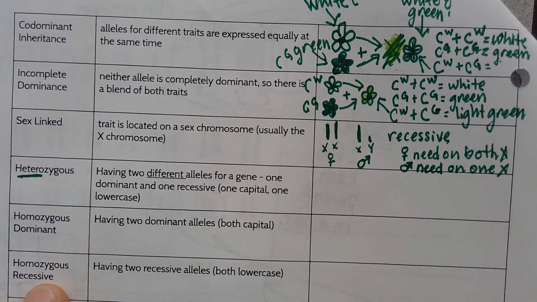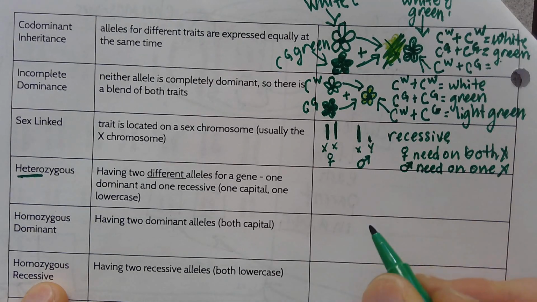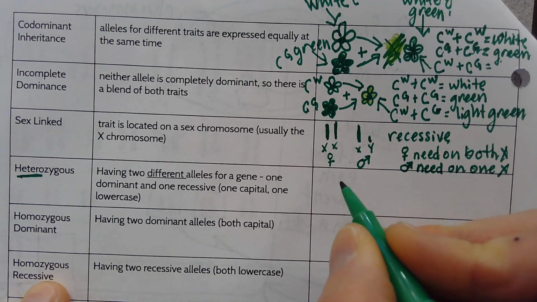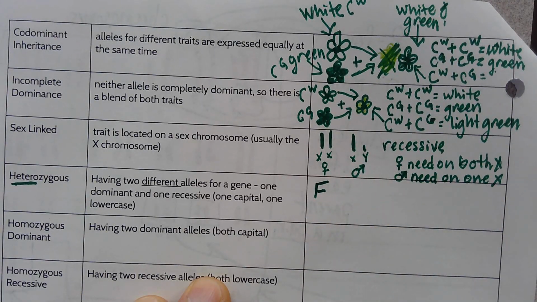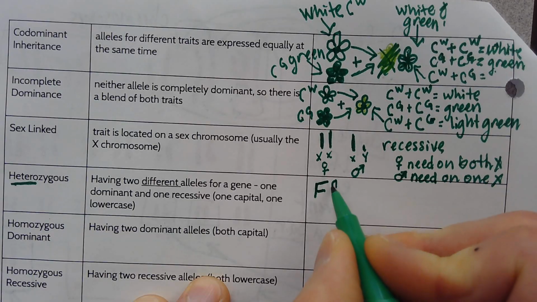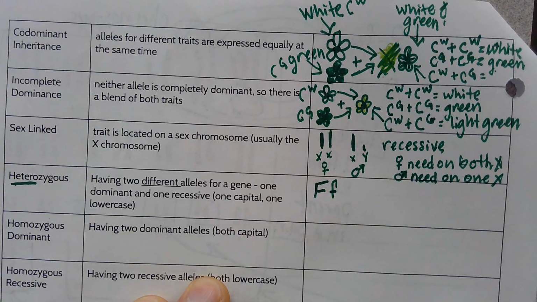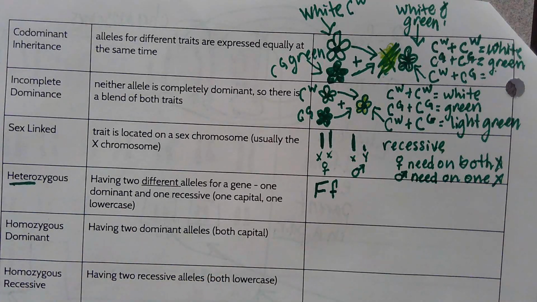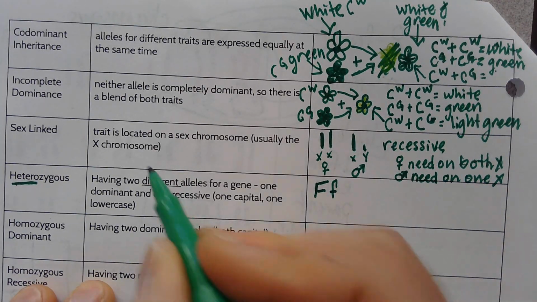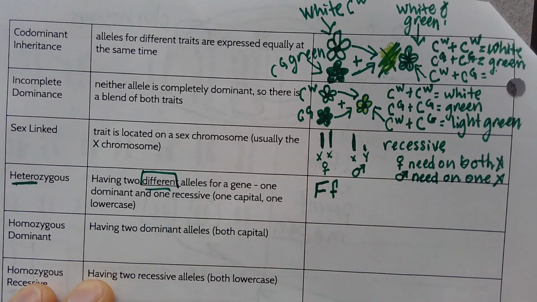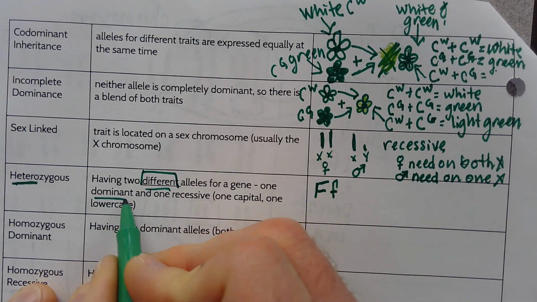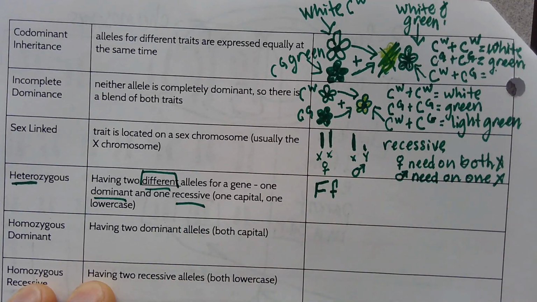When I think about alleles, that means if I have a capital F and a lowercase f, they're different because I've got one capital and one lowercase. So one is going to be dominant and one is recessive.